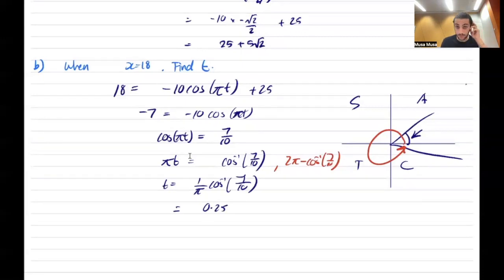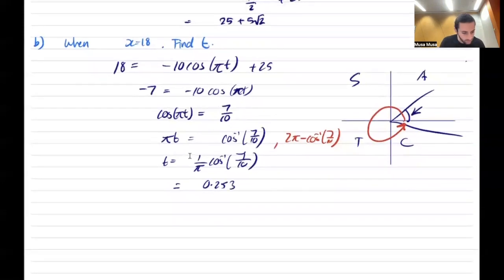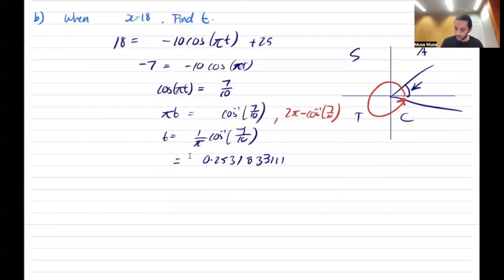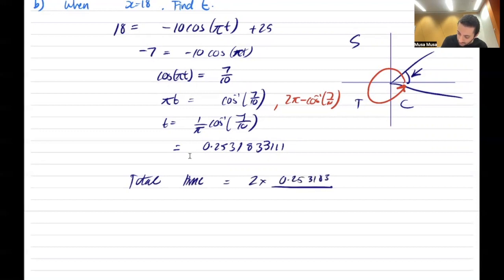Okay, but actually, we should give a few more decimals: 0.2531833111. And this occurs twice, so the total time will equal 2 times that, 0.2531833111, which is equal to 0.506, so it's 0.51 seconds.